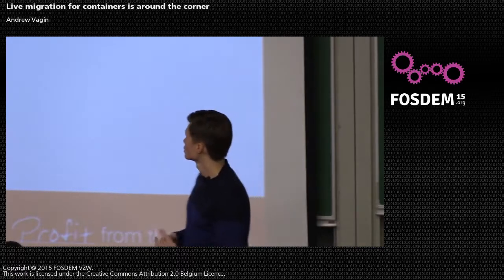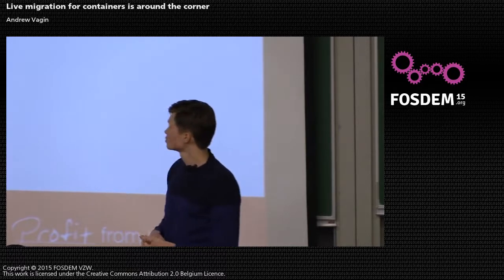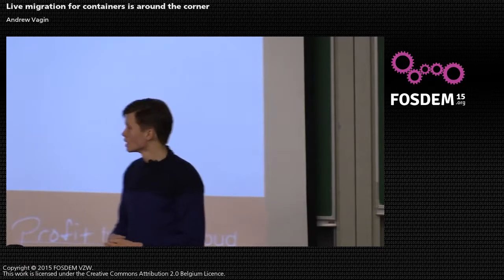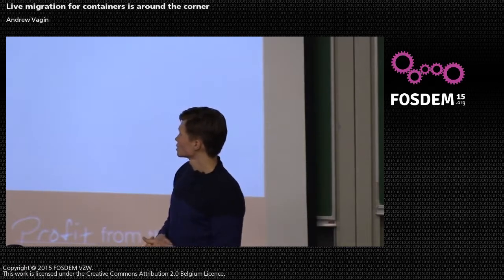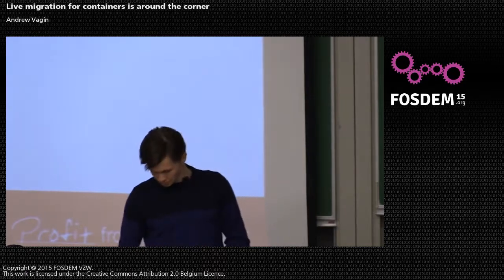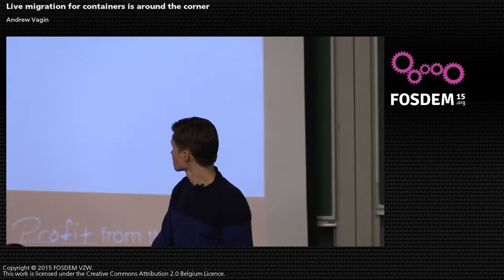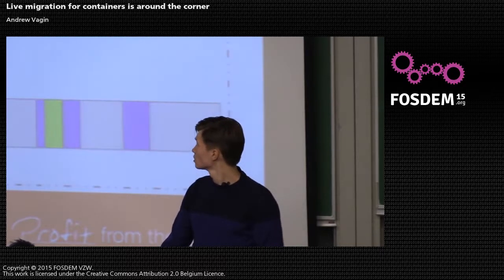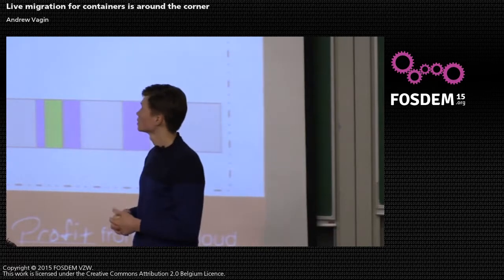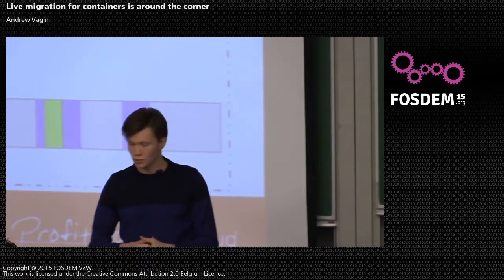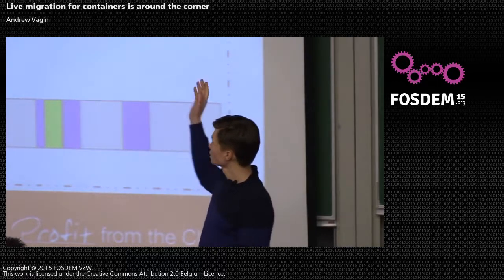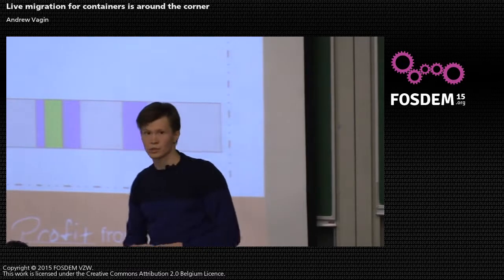Actually, we didn't invent anything new here. We just took an existing idea from OpenVZ, and this idea is about dumping memory without freezing tasks. And now, how do we do this? We do a few iterations. On the first iteration, we just move the whole memory to the remote host.